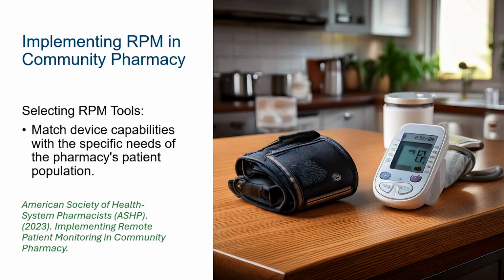Additionally, since hypertension is a condition that requires constant monitoring, it allows you to provide consistent follow-ups, ensuring better management of the disease while minimizing the need for in-person visits. By focusing on the specific needs of your patient population, you can select the tools that are most relevant and impactful, ensuring your RPM program is successful and sustainable for both your pharmacy and your patients.